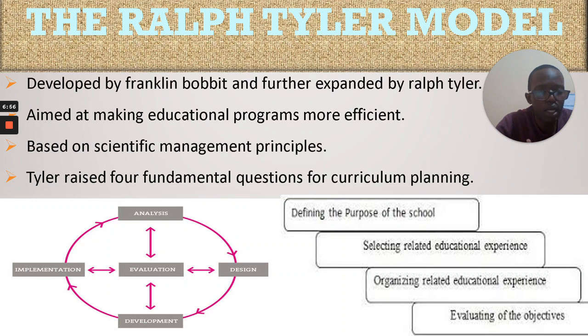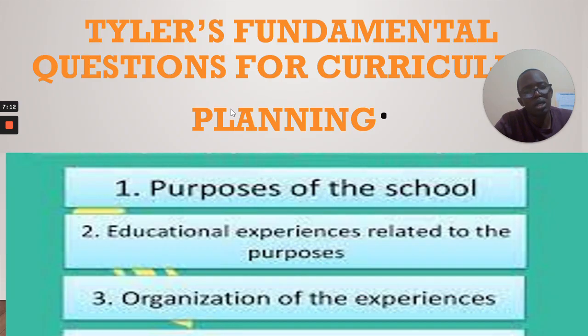Then we get to organizing related educational experiences, and evaluating the objectives. So that is all about the Tyler model. I think we can look at it further. The fundamental questions we have looked at: the purpose of school, educational experiences related to the purpose, and organization.